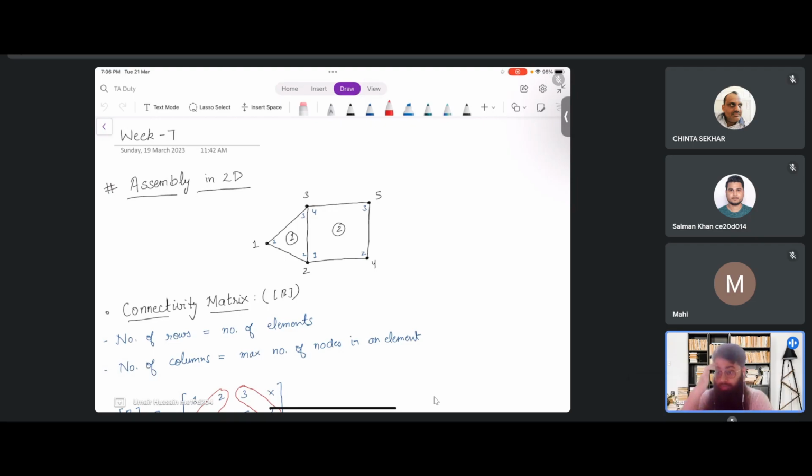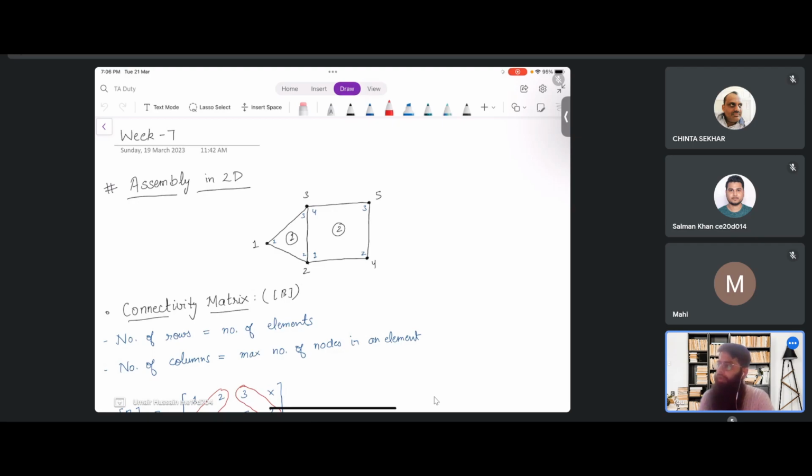After that we started with the 2D FEM. Initially we studied what kind of general statements we have in a 2D problem, the general differential equation, and what different kinds of problems can be studied from them. And then we started with the discretization of the 2D domain, and how possible errors can occur due to that discretization.